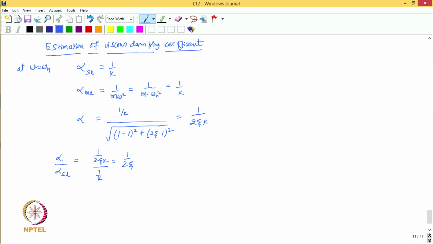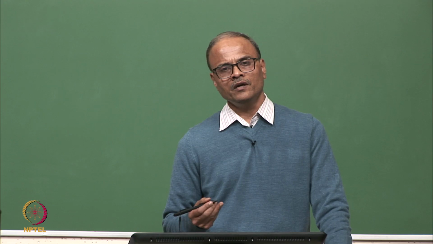And if I take 20 log 10, then 20 log 10 alpha minus 20 log 10 alpha SL is equal to 20 log 10 1 upon 2 zeta, right. And the left hand side basically represents the difference in the dB magnitudes of the FRF and the stiffness line.